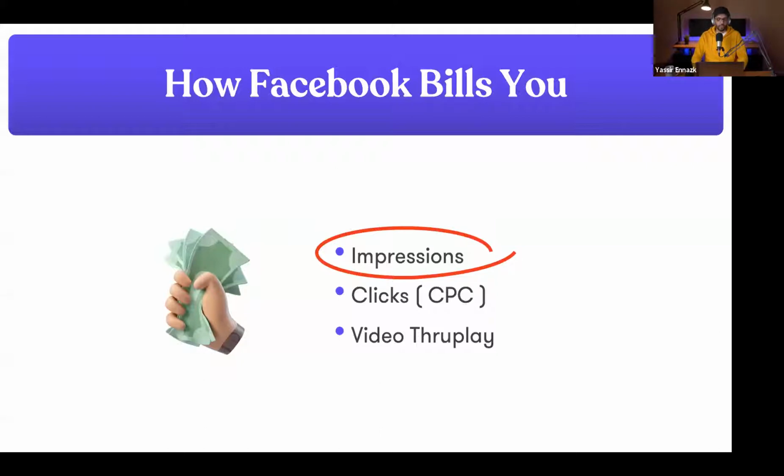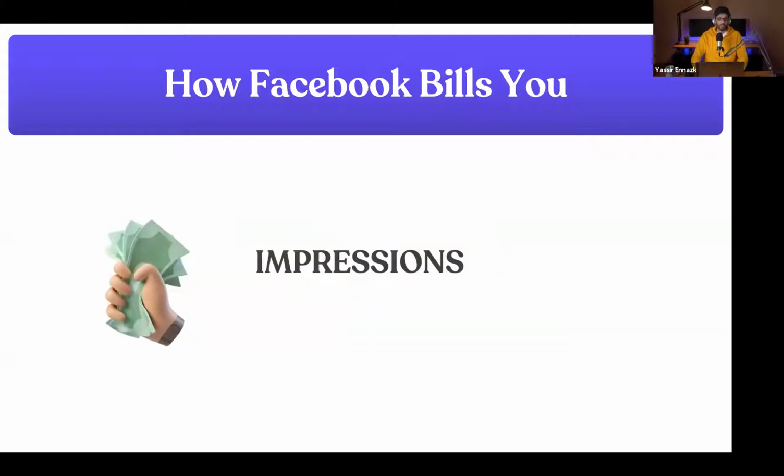So how does this work? Impressions are calculated by the CPM, the cost per 1,000 impressions. Every time 1,000 people see your ad, Facebook will give you a price to pay for those 1,000 people who saw your ad.